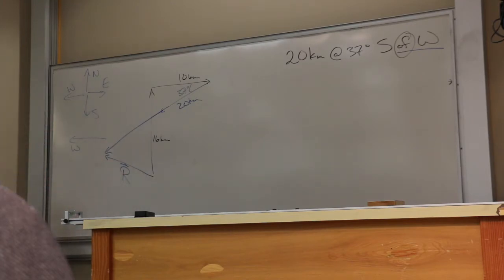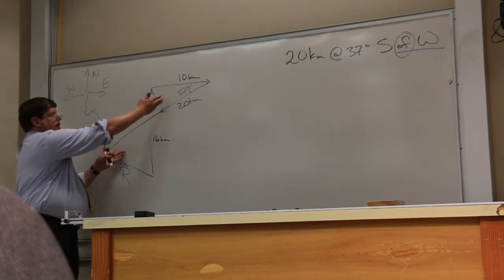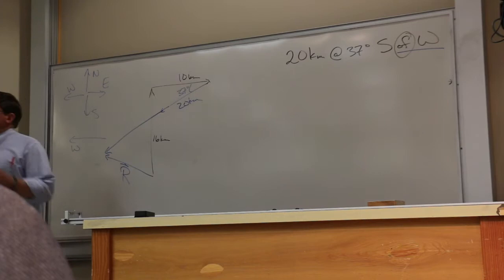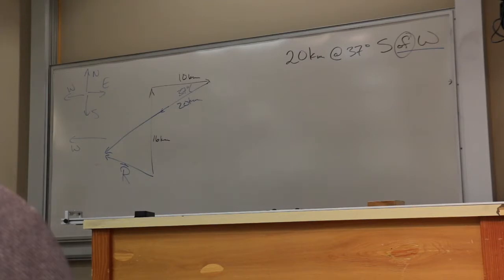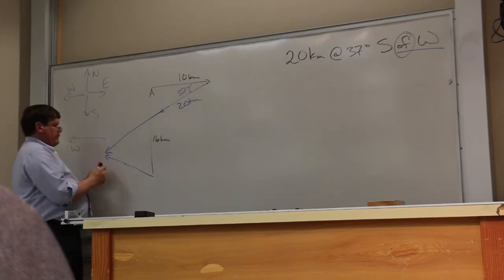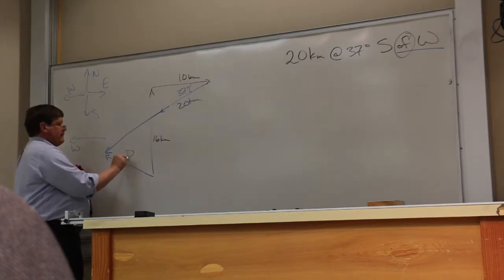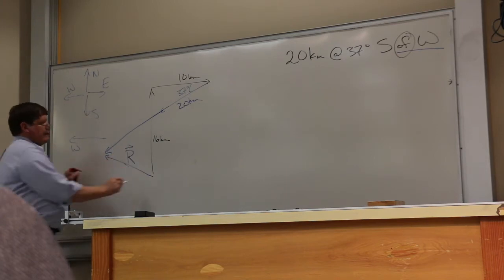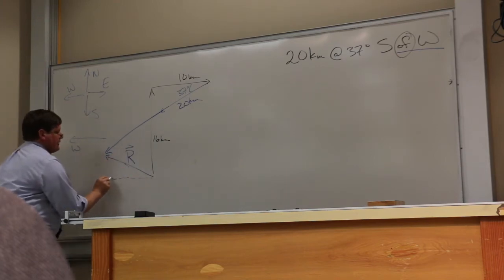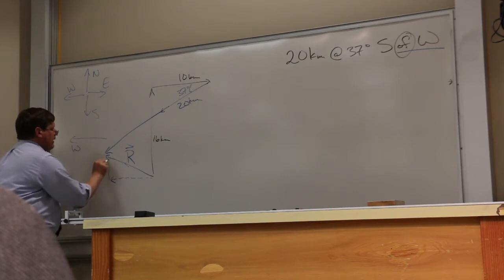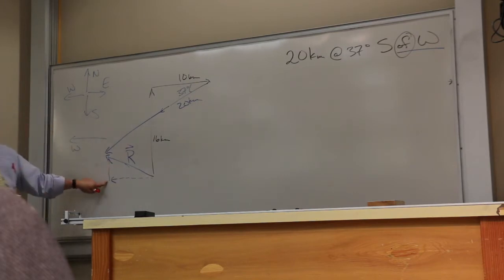Now, another mistake that was made is that once they saw these 2 triangles, they tried to make those the triangles that they worked with. Those are never the right triangles that you want to work with. What we're looking for is the x part and the y part of our answer.